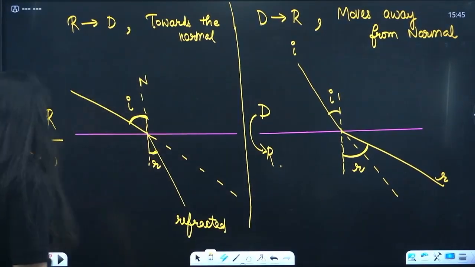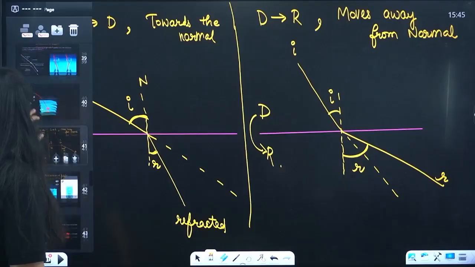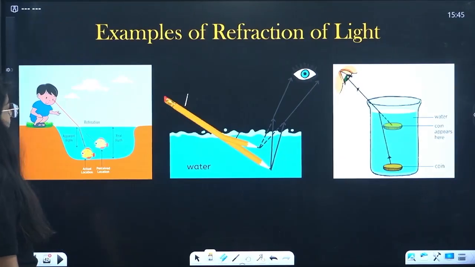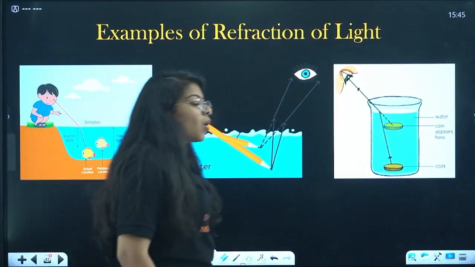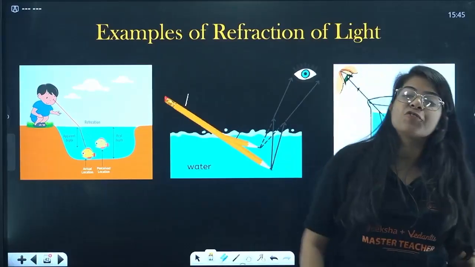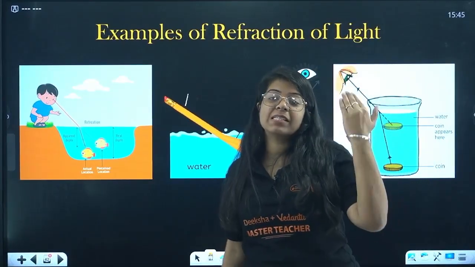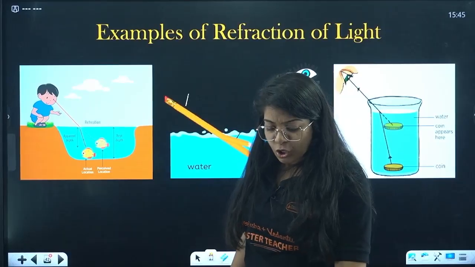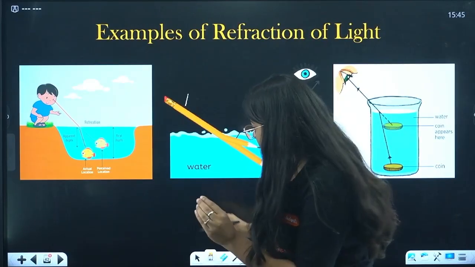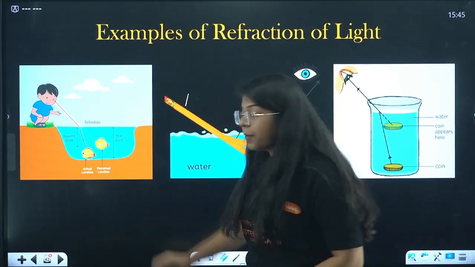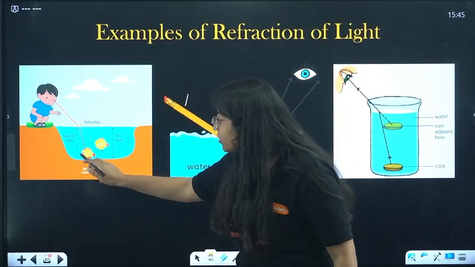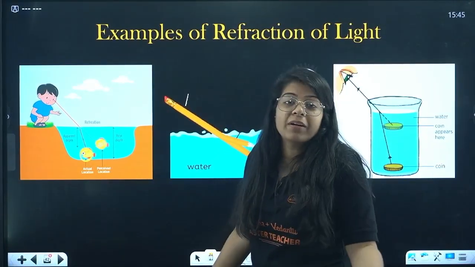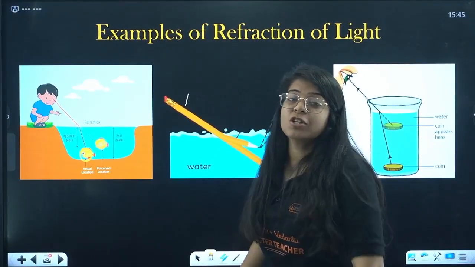Very good. Okay. Then let's move on to understanding something, a conceptual question. Have you ever met a fisherman, or seen them working? They tell you that the fish looks like it is here, but actually it is not here. It is a little under it or somewhere else, not at the position we look at it.